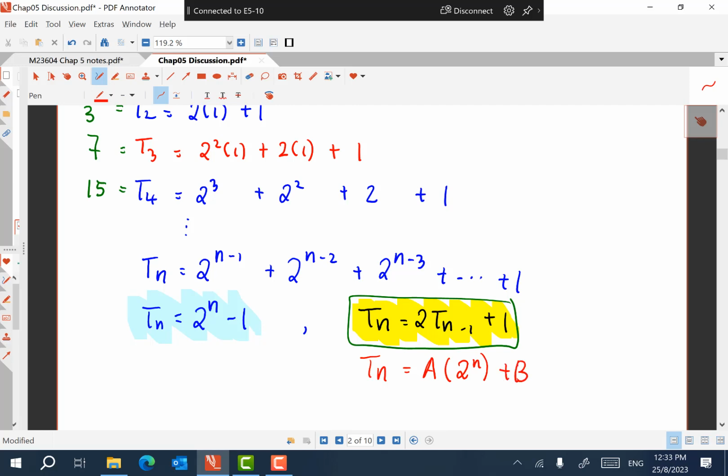It means you second guess that, based on your experiences dealing with this kind of recurrence relation, the solution looks like the red color.